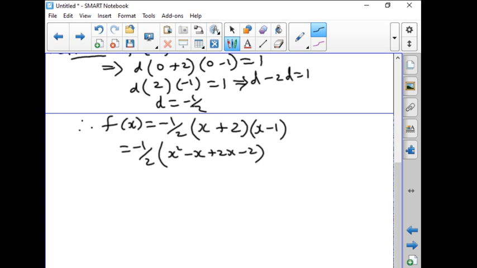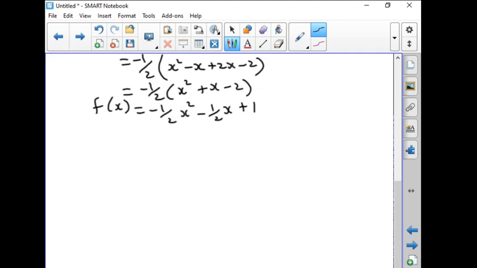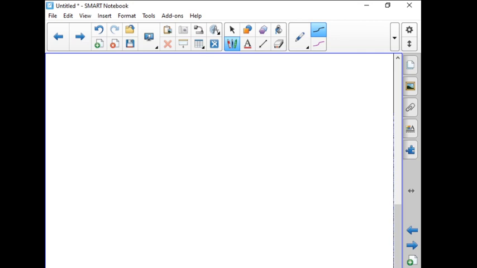So, it is equal to minus 1 by 2 into x square plus x minus 2. So, f of x is equal to minus 1 by 2 x square minus 1 by 2 x plus 1. Okay, so this is the required quadratic polynomial. Another method is also given in your book. You can follow any one of the methods.